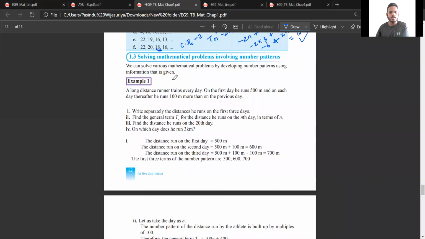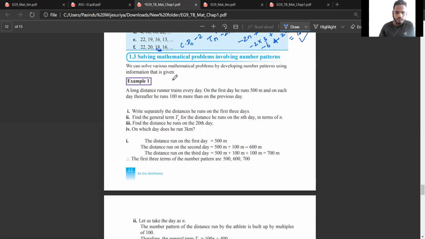Coming back to the example. A long distance runner trains every day. On the first day, he runs 500 meters, and on each day thereafter, he runs 100 meters more than on the previous day. Write separately the distance he runs on the first 3 days.